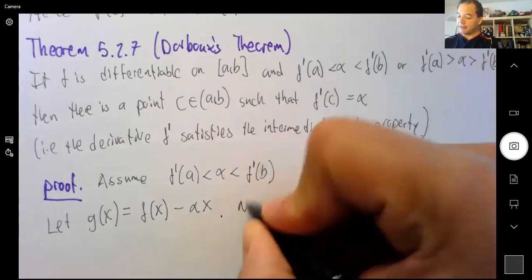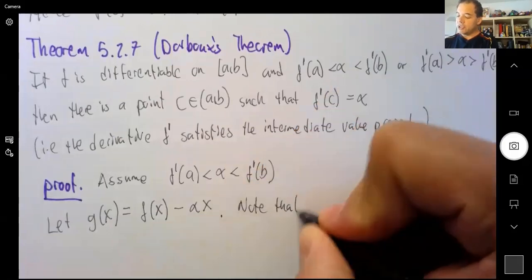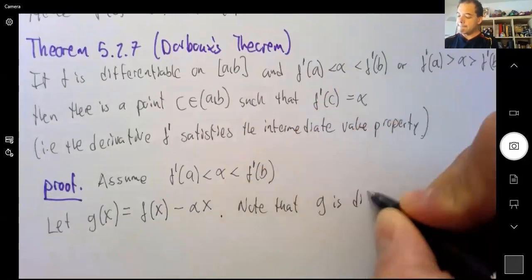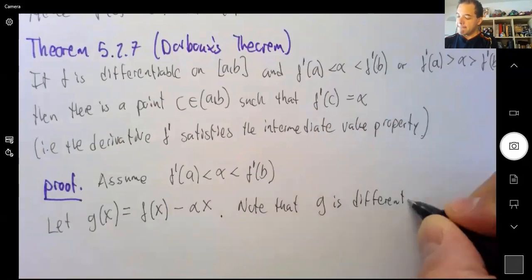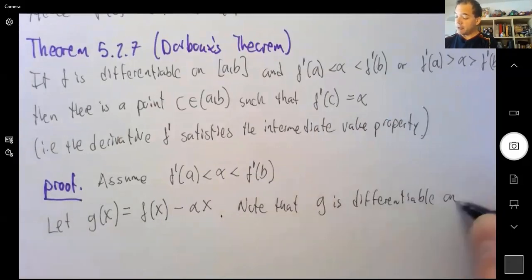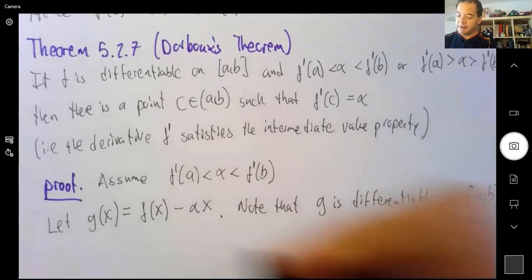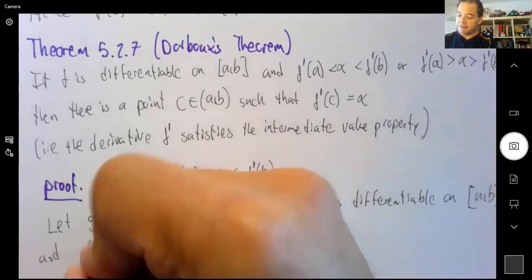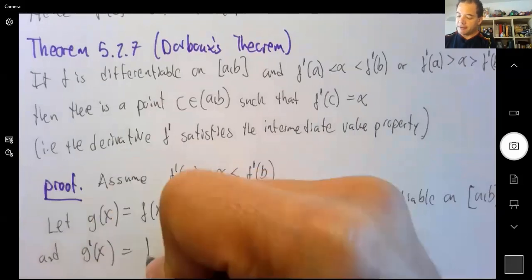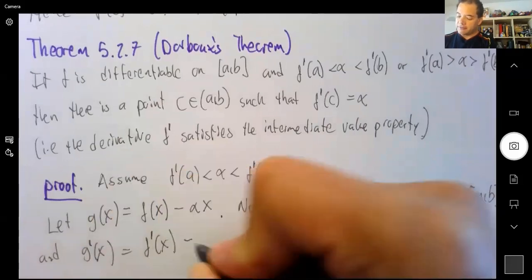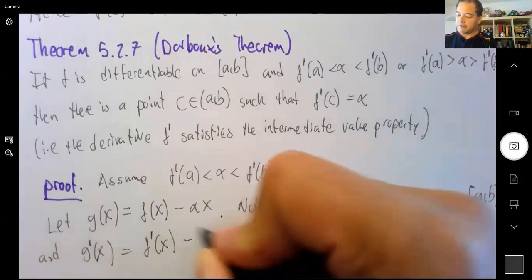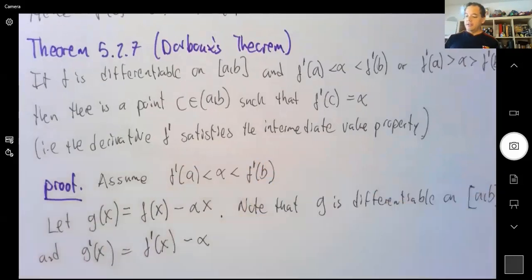So note that g is differentiable on AB, closed interval. And what is the derivative of g? Well, it's the derivative of f minus the derivative of alpha x, which is just alpha, right?